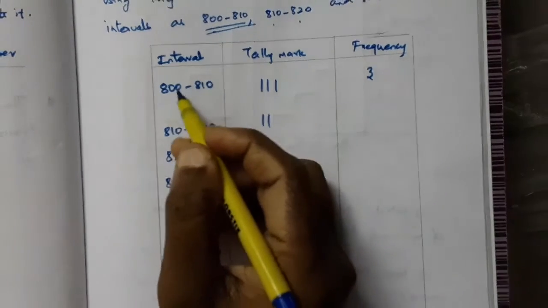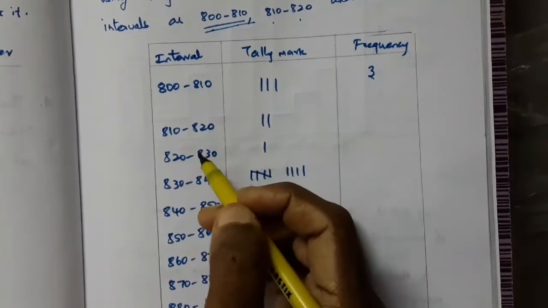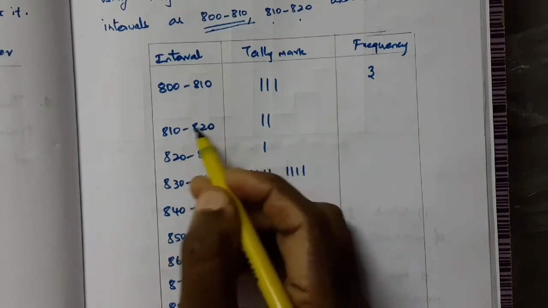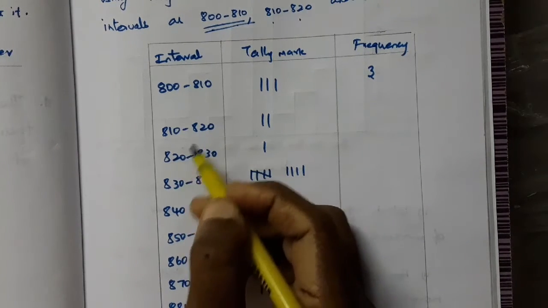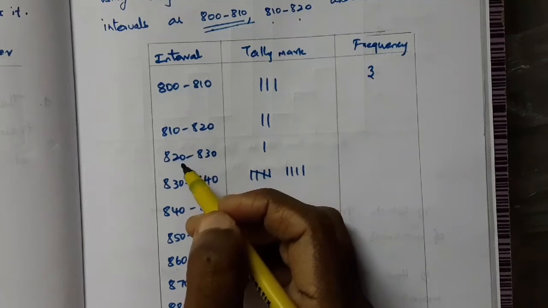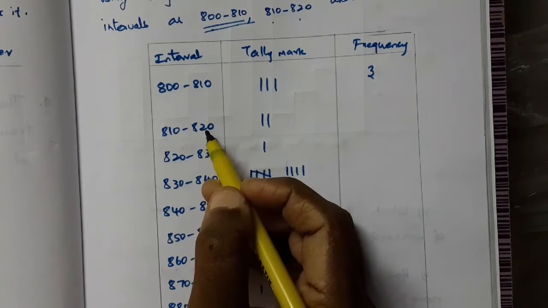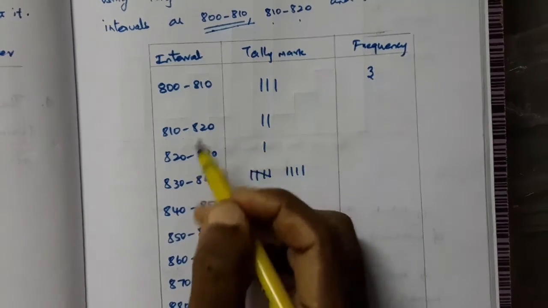So you have to count from 800 to 809. If a person is earning 820 rupees, you should not count it here. That person will go here. You should not count it twice, otherwise the answer will be wrong. So a person who earns 820 rupees should come in this column, not here.